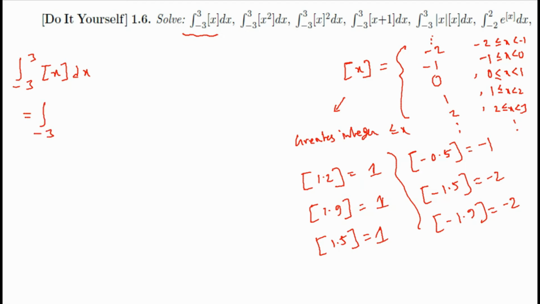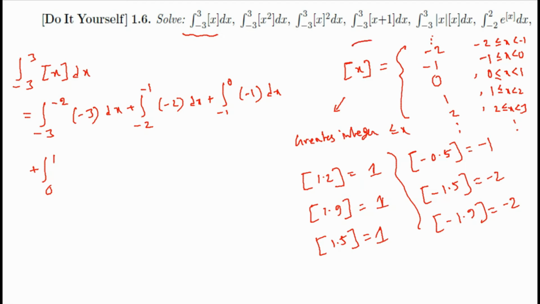So minus 3 to minus 2, it has the value minus 3 dx, plus minus 2 to minus 1, it has the value minus 2, plus minus 1 to 0, it has value minus 1, plus 0 to 1, it has value 0, plus 1 to 2, it has value 1, plus 2 to 3, it has value 2. Now you can just easily integrate that one, and you will have your result.